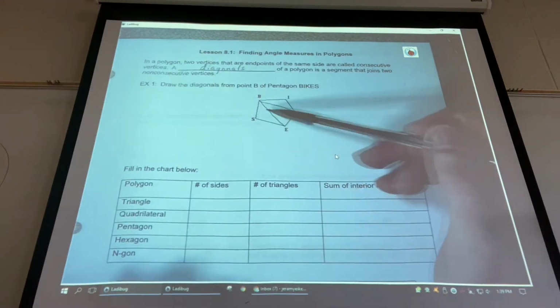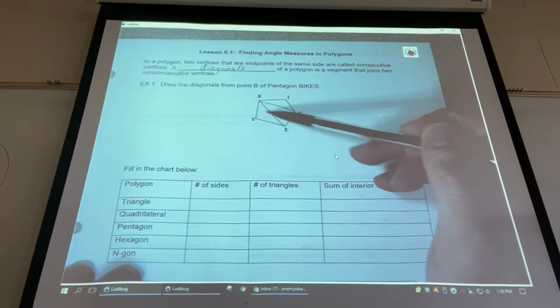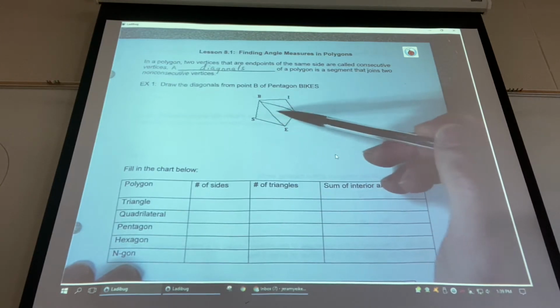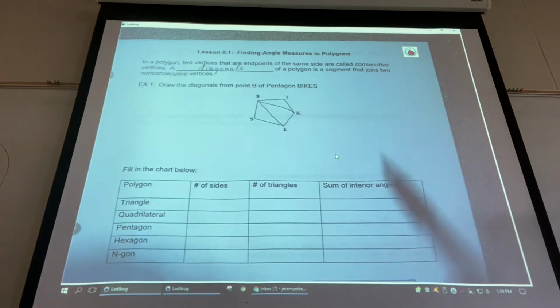Since the sum of the interior angles of a single triangle is 180, you can count how many triangles there are and multiply by 180 to get the sum of the interior angles of any polygon.